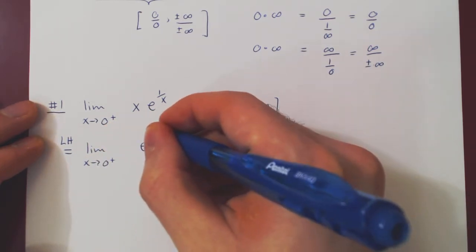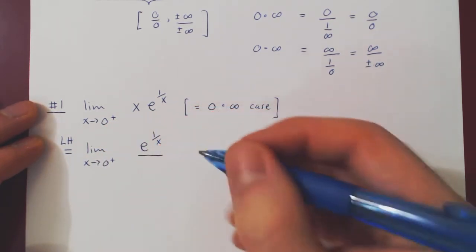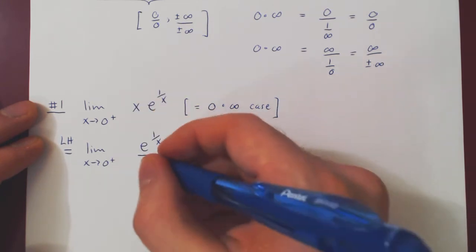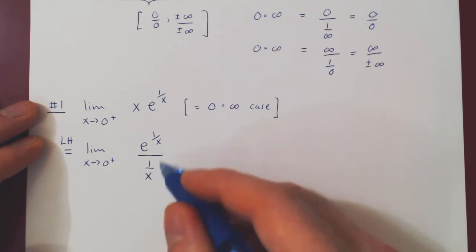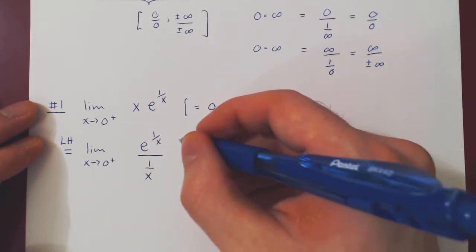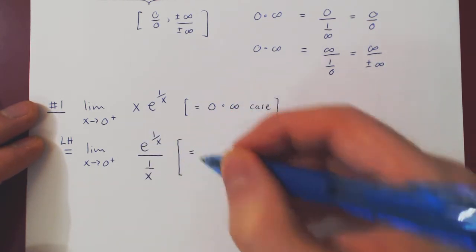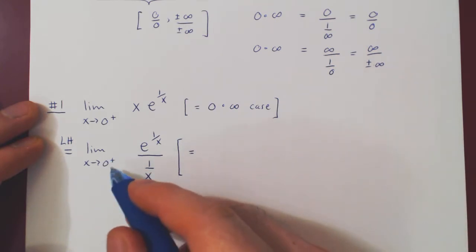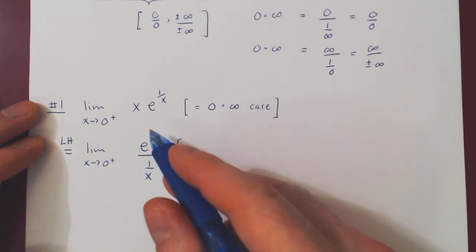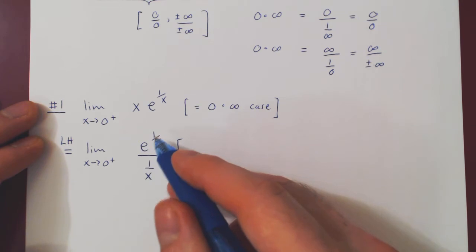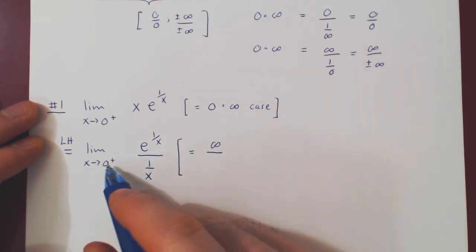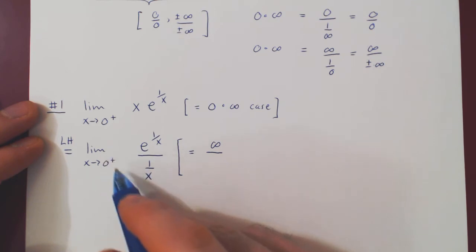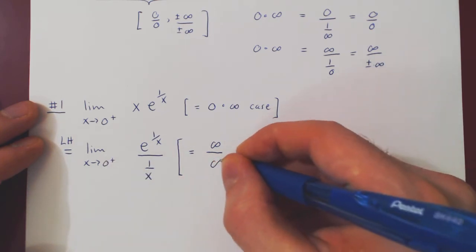So e to the 1 over x we keep on top, over, and of course if we send x down we must send the reciprocal, because if we divide by 1 over x, same as multiplying by x. And then we consider a case, as x goes to 0 from the positive side, 1 over x goes to infinity, e to the infinity is infinity, over, as x goes to 0 from the positive side, 1 over x goes to positive infinity.